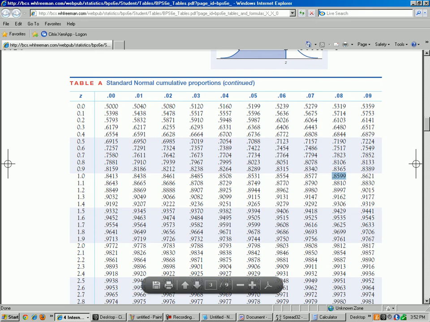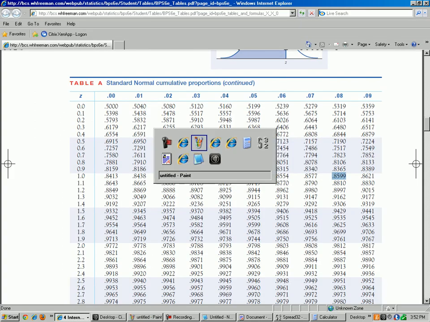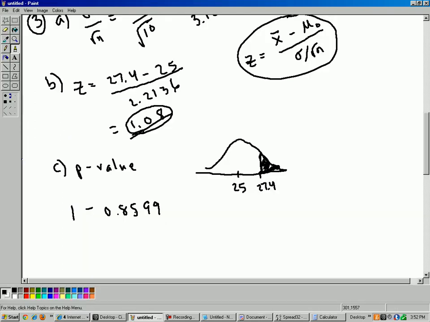So our p-value here is 1 minus 0.8599. Let me double check that number here. Yeah, 0.8599. I'm subtracting from 1 because I'm looking at the upper tail up there. So that is equal to 0.1401. So there's about a 14% chance.